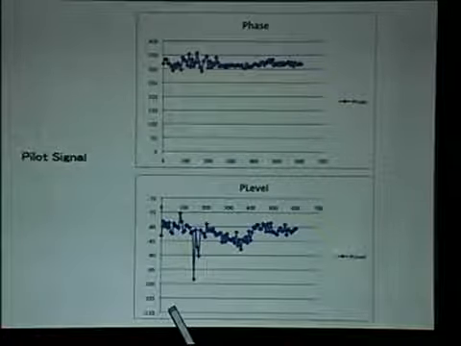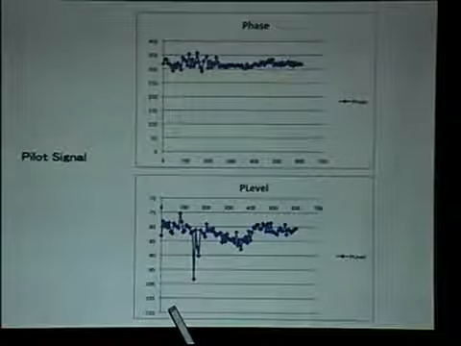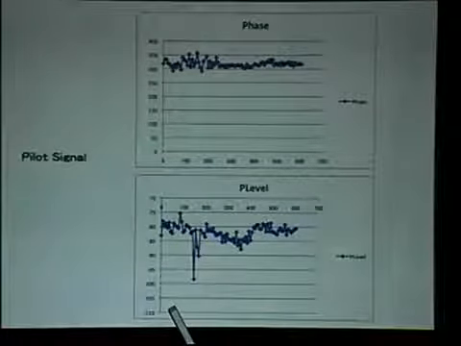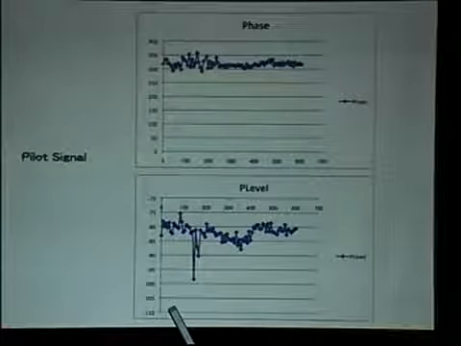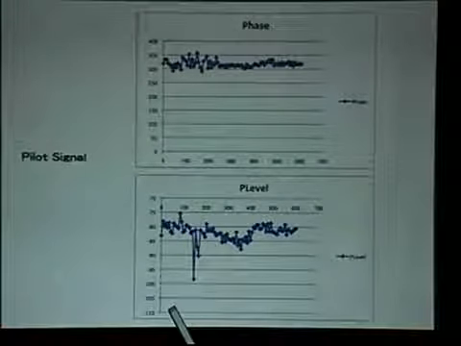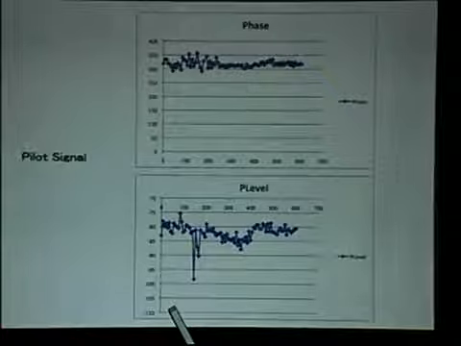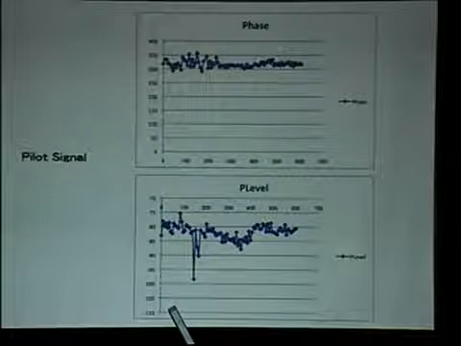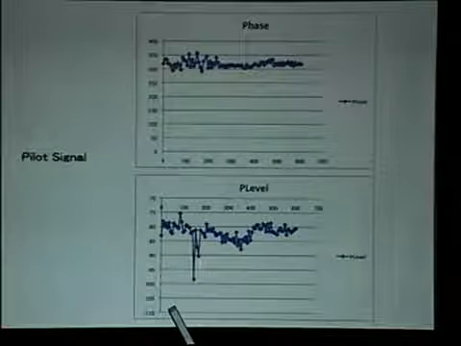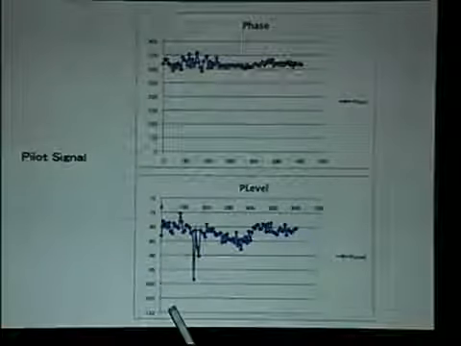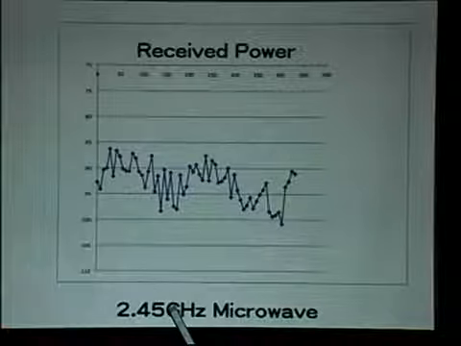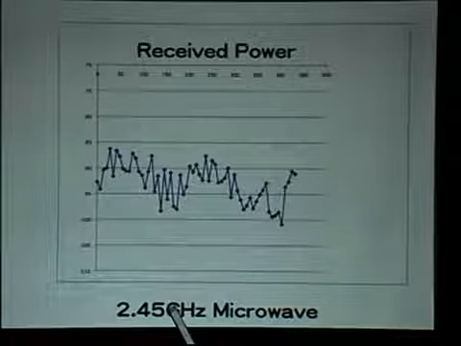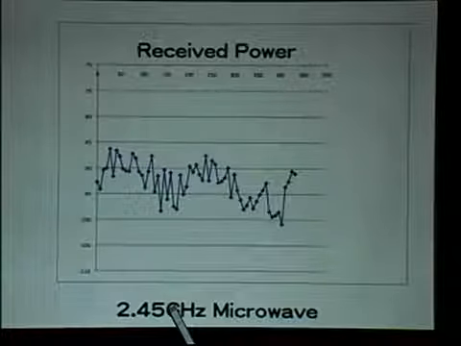These data are the pilot signal. You can see it has a very large variation. Sometimes it drops by 20 dB, so it is not constant. But the phase is almost the same, at 2.45 gigahertz. You can see this is 10 dB.